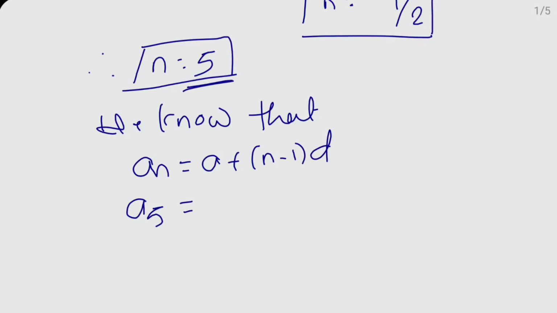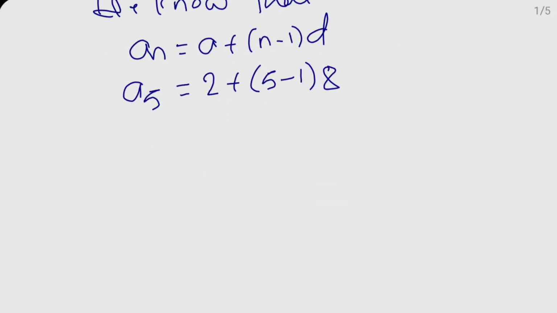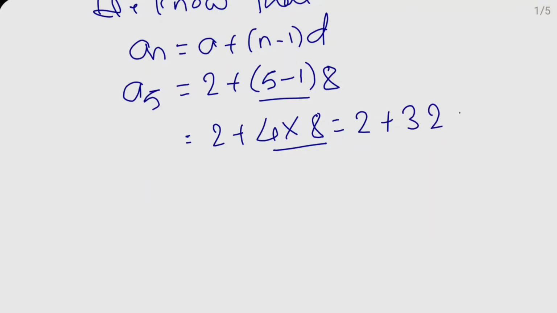And the first term they only given, that is 2, plus 5 minus 1, n is 5 here, and the common difference they only given, that is 8. So now 2 plus 5 minus 1 is 4 into 8. This equal to 2 plus 4 into 8 is 32, and 32 plus 2 is 34.